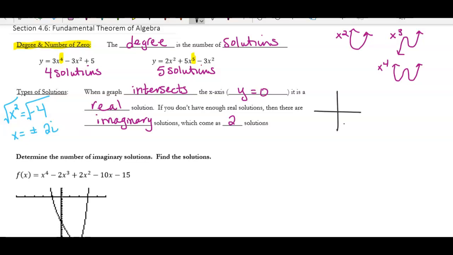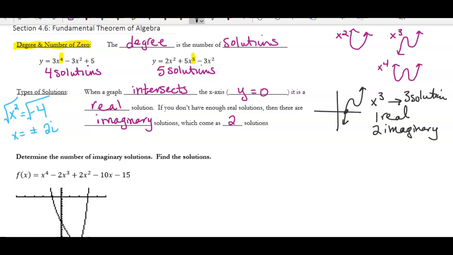Let's say a graph does this, right? I know that this is an x to the third, but I only see one real solution. So that means I have one real, but I'm supposed to have 3 solutions, right? So since I have only one place where it crosses the x-axis, that means that I'm going to have 2 imaginary.